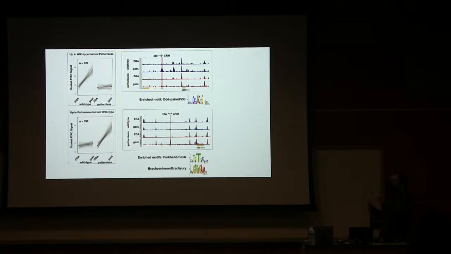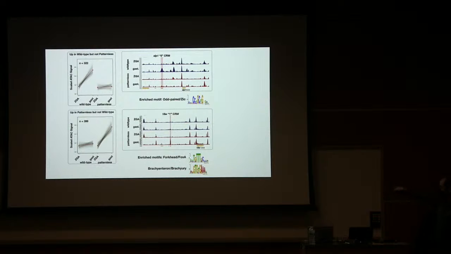Again, doing our trick where we look for enriched motifs, we find something really encouraging down here: the enriched motifs correspond to two orthologs of characterized mammalian pioneer factors.